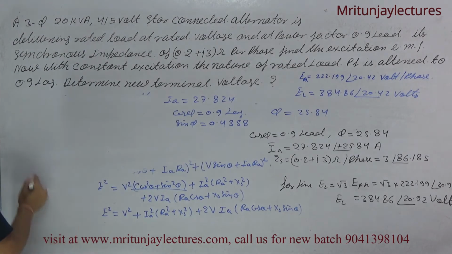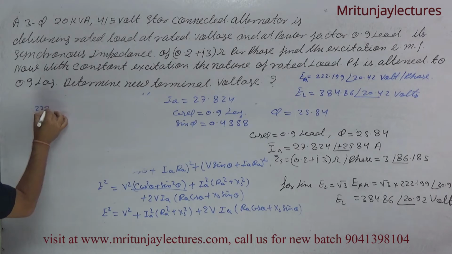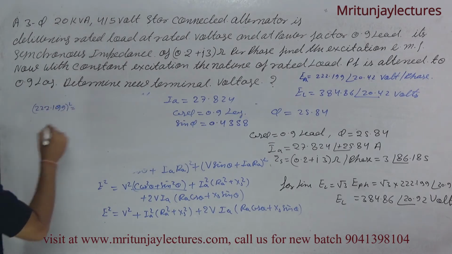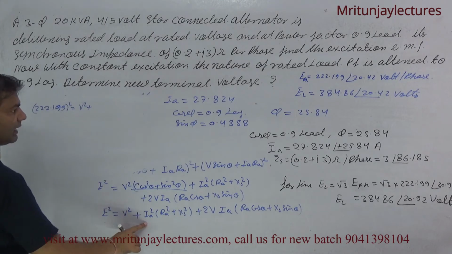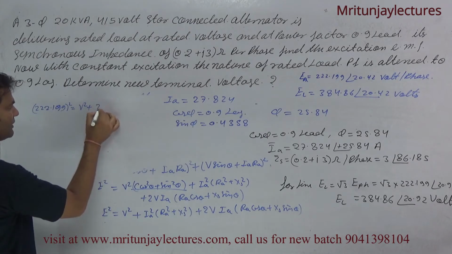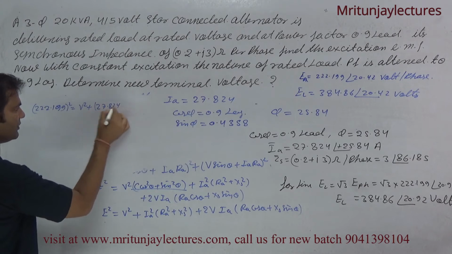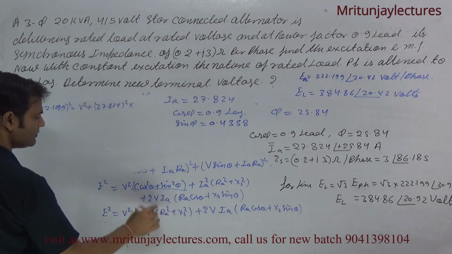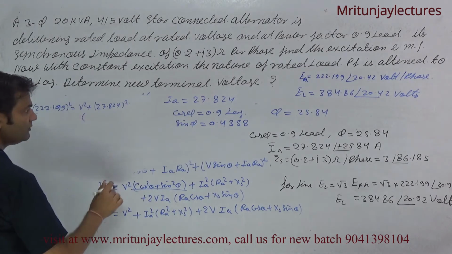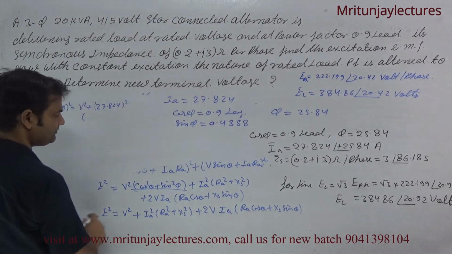Now what about E? That is 22.199 to the whole square, written as V square plus Ia, that is 27.824 to the whole square, into Ra square.